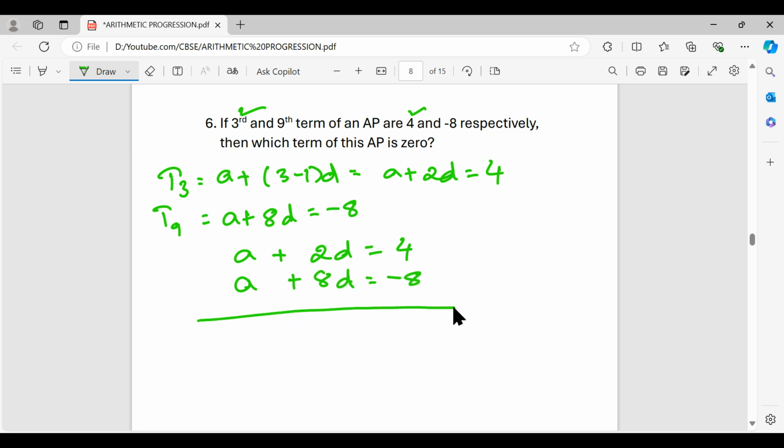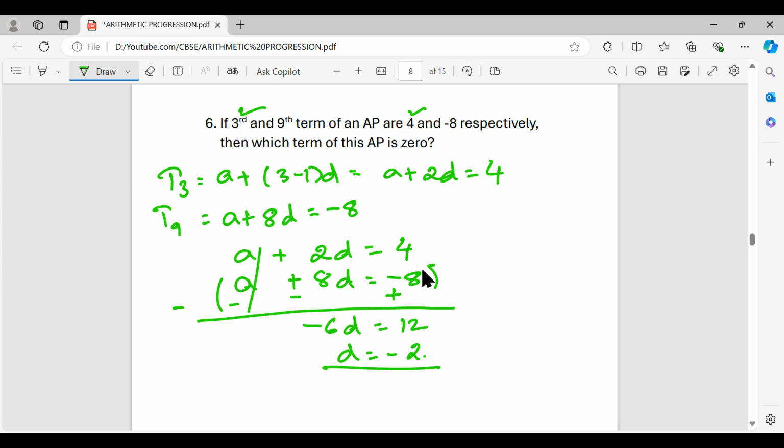So we can subtract, and minus into minus is plus. Here the a gets cancelled, and this is minus 6d, which is equal to 12. So you can write now d equals minus 2. I hope this is clear.